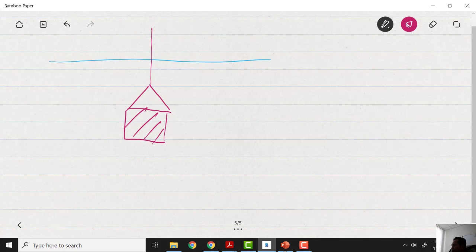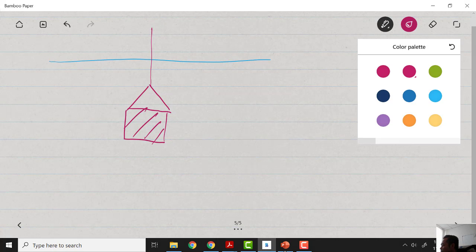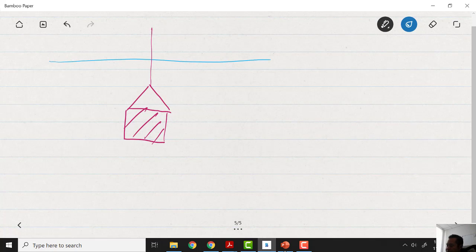Right now, since we are submerging the block in water, what kind of forces are involved? From before we have Ft and the weight, but since the block is in water, we have the force from the water, which is the buoyancy force, Fb. So you have three types of forces.